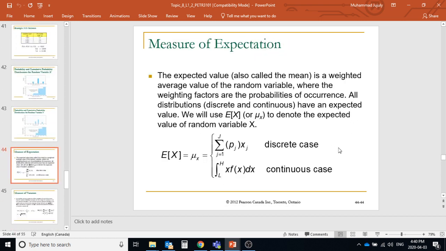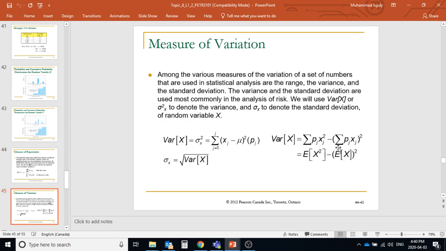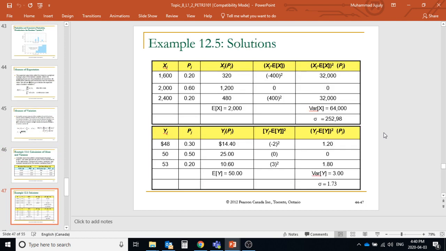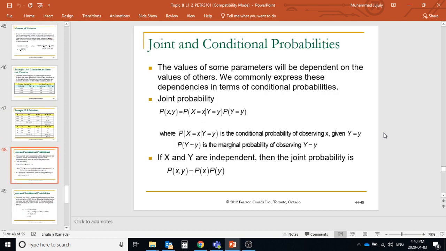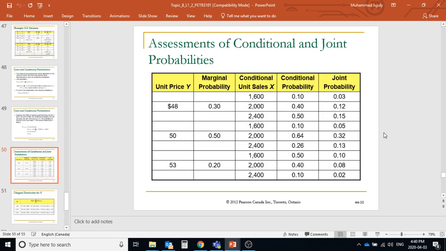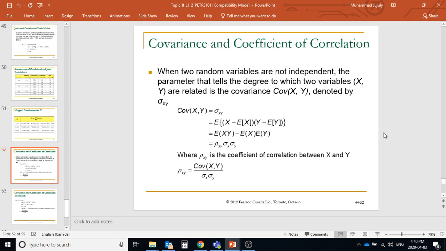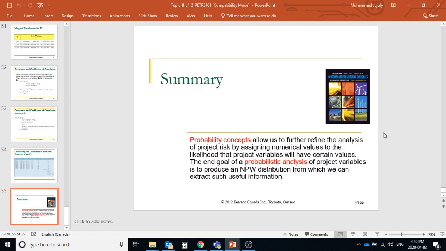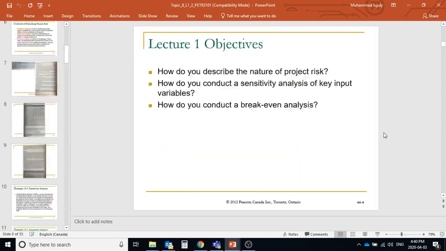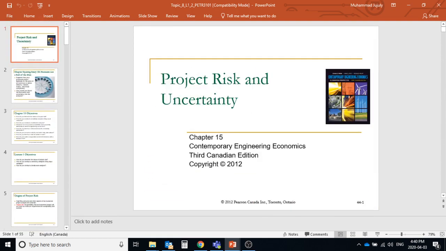You don't need to go very deep because we will not cover these. What is the mean and variance? These are the old statistical concepts. This is the covariance and coefficient relationship. So this would be all of our lectures for project risk and uncertainty.